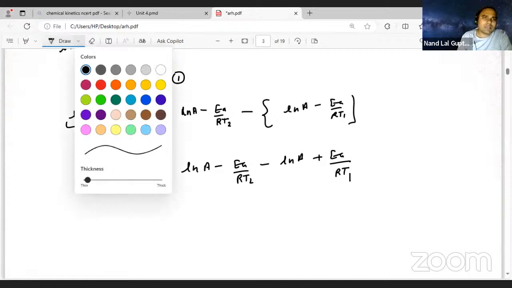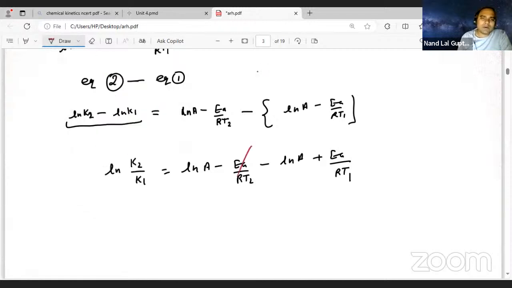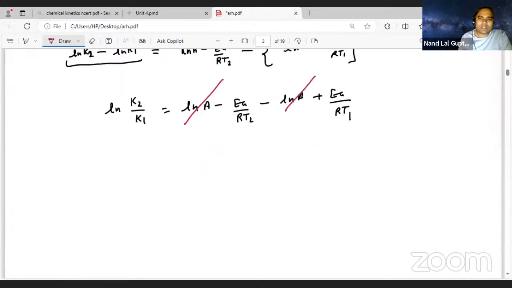Now you can see what will happen. We cannot split this one, but ln A positive and ln A negative got cancelled out. Now we take the positive term together and the negative term at the end. So ln K2 by K1 is equal to Ea upon RT1 minus Ea upon RT2.